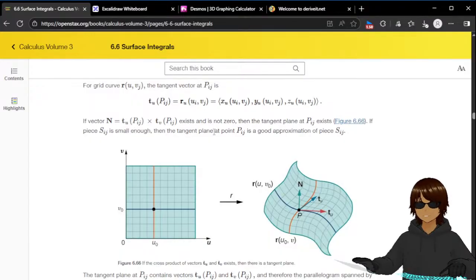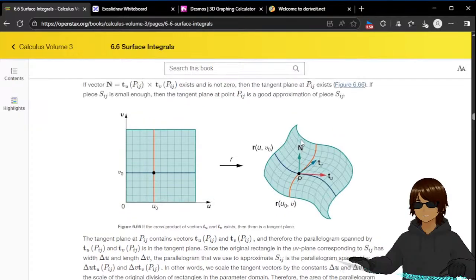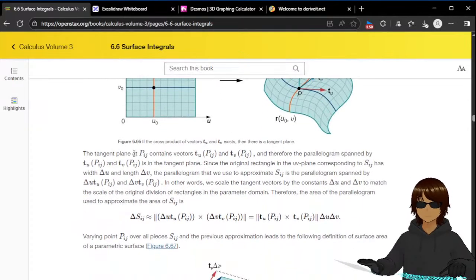Small enough, then the tangent plane at point Pij is a good approximation of piece Sij. So if there's a tangent plane cutting through this, which has the same derivative as Tv and Tu, then it's a good approximation for values very close to Sij. Tangent plane at Pij contains vectors Tu and Tv.